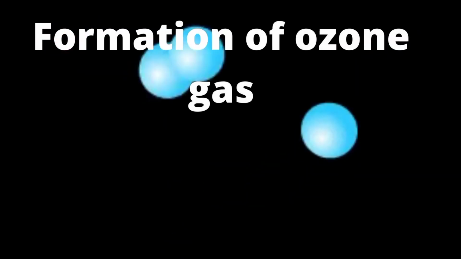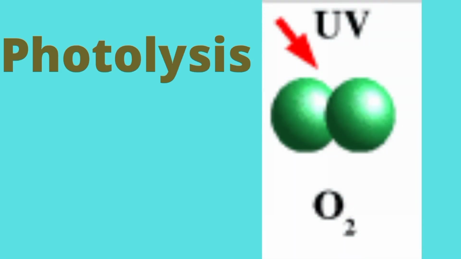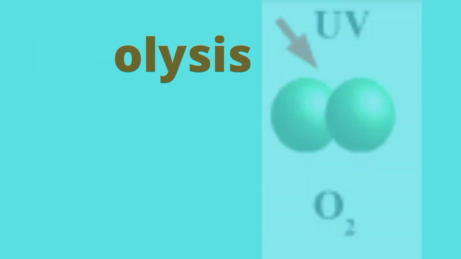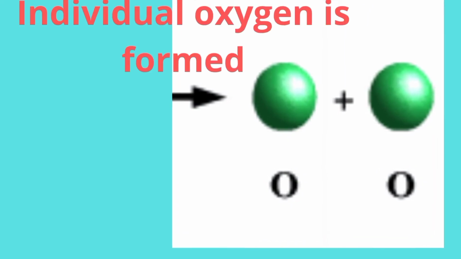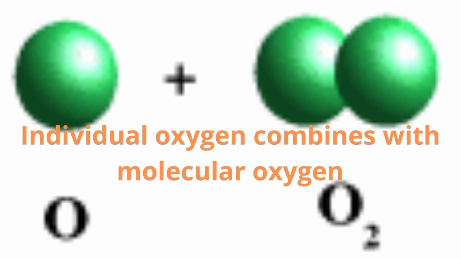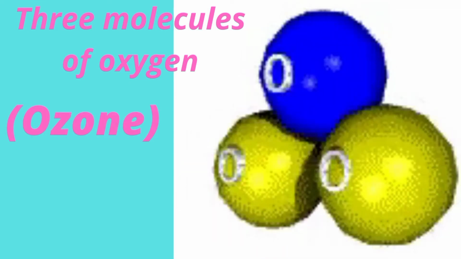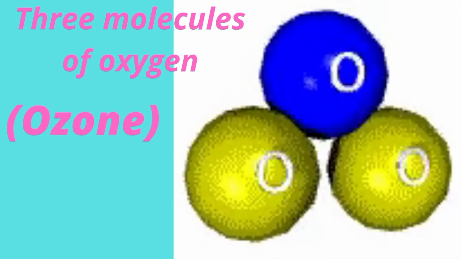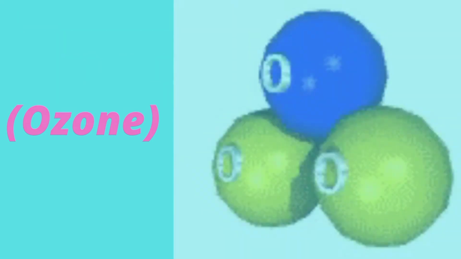So let's see how the ozone gas is formed. The ozone gas is formed through a process known as photolysis. In this process, the ultraviolet rays strike the molecular oxygen to form individual oxygen atoms. Individual oxygen atom then combine with the molecular oxygen to form three atoms of oxygen known as the ozone, and this forms a layer in the stratosphere.